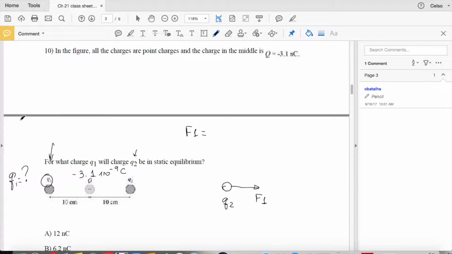Let's make an assumption: Q2 is a positive charge. If Q2 is a positive charge, then Q1 must also be positive, so that F1 goes to the right, and Q2 as a positive charge will be attracted to the big charge Q. Call this FQ.